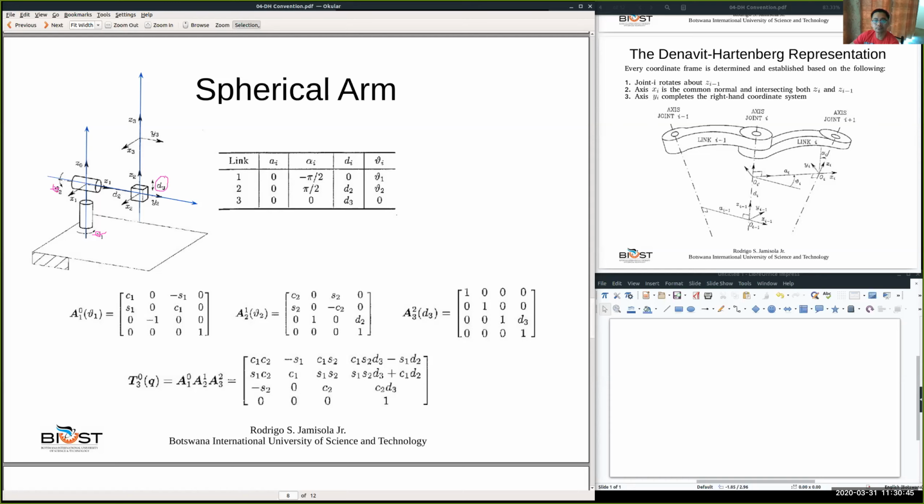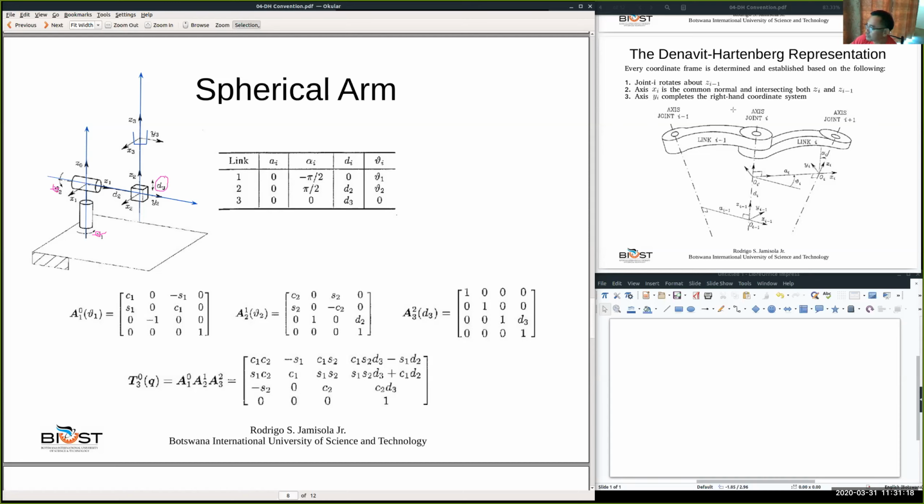We can say that this is the end effector. We choose our end effector to be here, because that is where the hand is. So now we identified already the axes of translation and rotation.